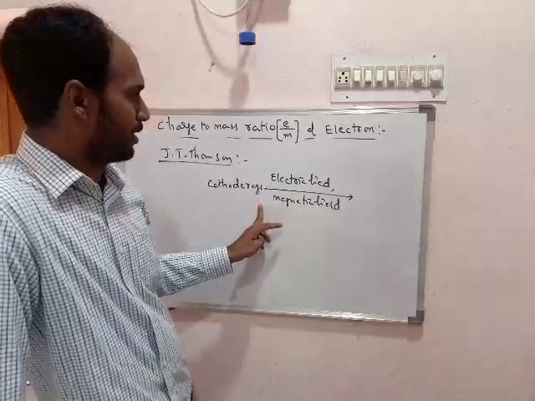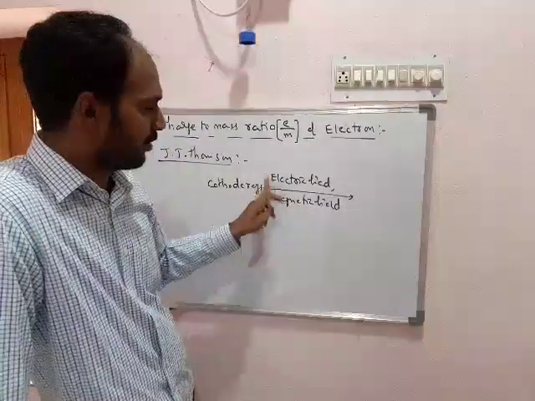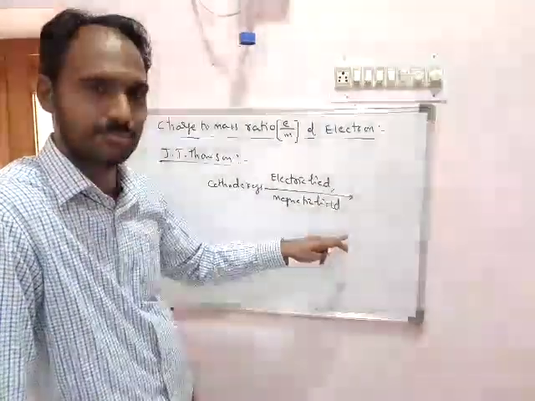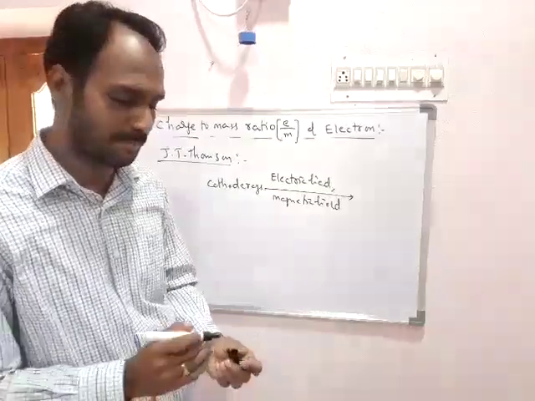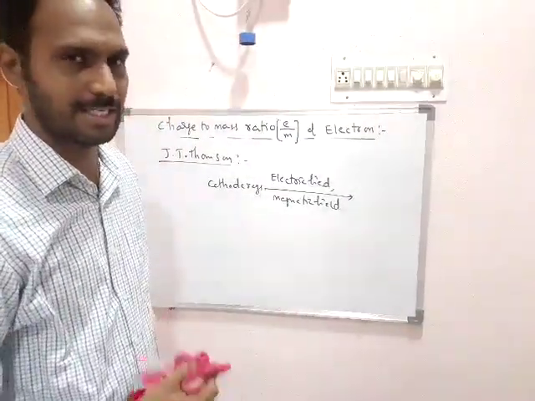In his experiment to calculate the charge to mass ratio, he applied an electric field and magnetic field simultaneously on the cathode rays, and he drew some conclusions from his observations.